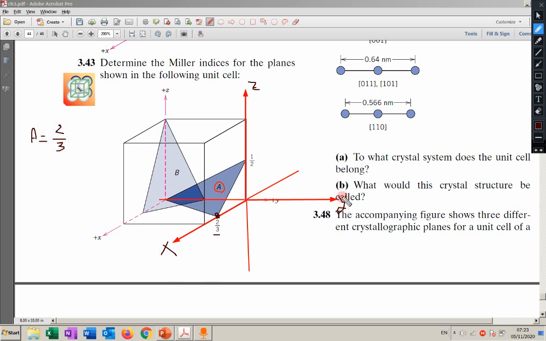Now, the intersection with the y-axis. Whether on this part or the other part, if there is an intersection on the negative y, which is the corner of the cube, it's acceptable. So the intercept with the y-axis will be -1.